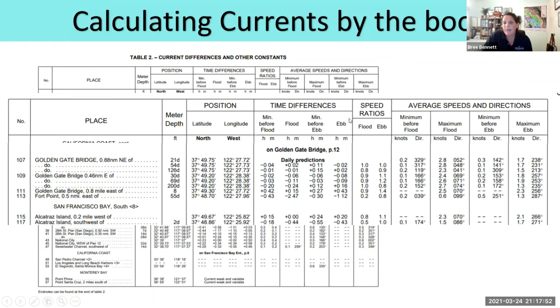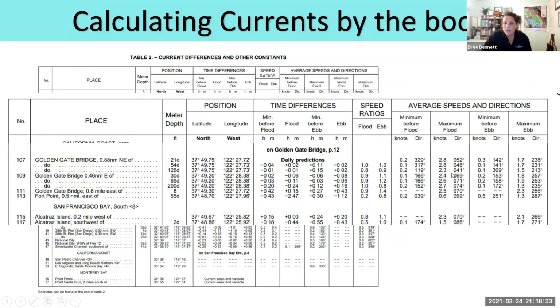And then we have our speed ratio. This is going to be that correction to the velocity. So we had time and then feet on the tide. We're still going to have time, but we're going to have 4 entries for time. And then on our height side, it's our speed, and we're going to put in our ratio. And our ratio is always multiplied. So it's kind of like that percentage or ratio of what the given flood or ebb is at that location.